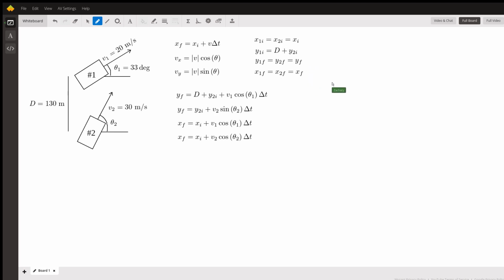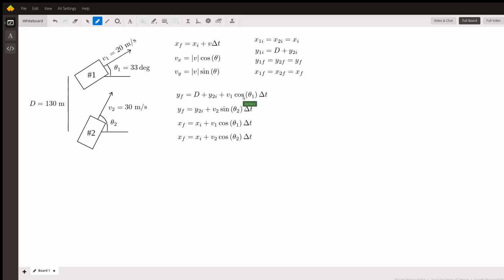The next step is to set up your final position coordinates in terms of your function for position. So y final for car number 1 is d plus y2 initial, because it's north of car number 2, plus v1 cosine of theta 1 delta t. Then y final in terms of the second car is y2 initial plus v2 sine theta 2.